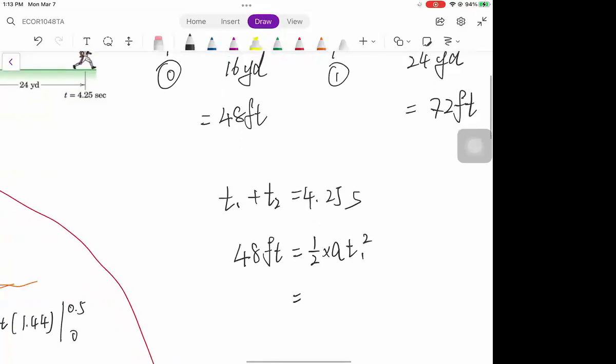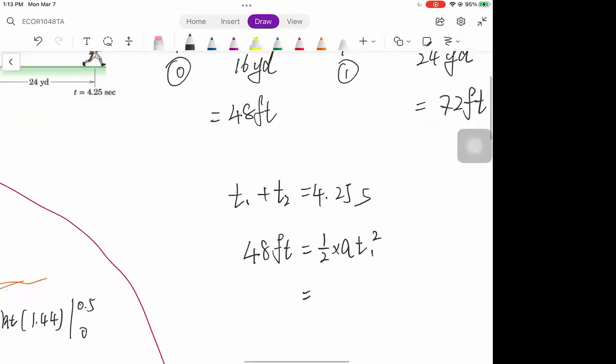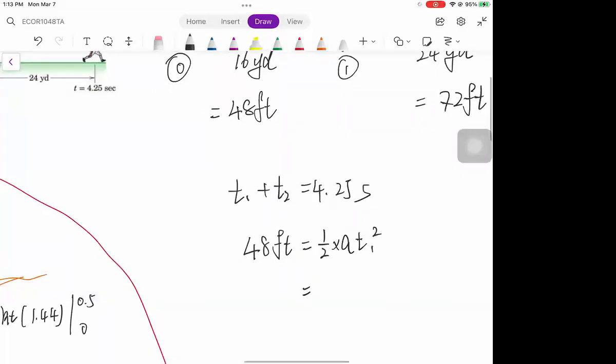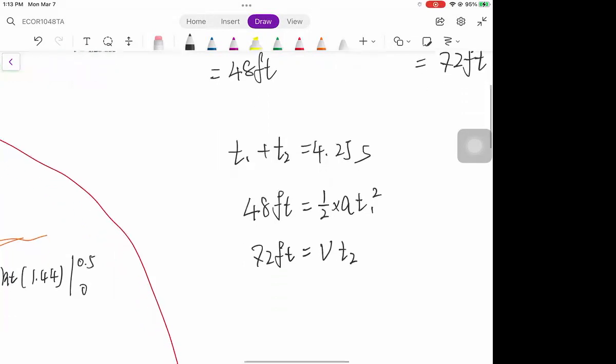And for the second, from 1 to 2, we know the length, 72 feet, is equal to the fastest velocity times t2. So velocity is also an unknown value. And the velocity is equal to the acceleration a times t1.